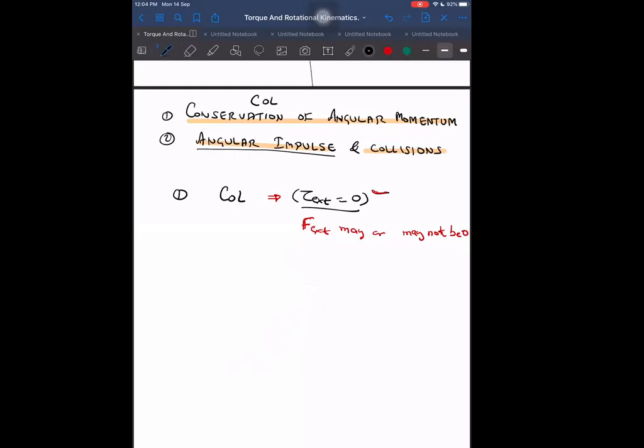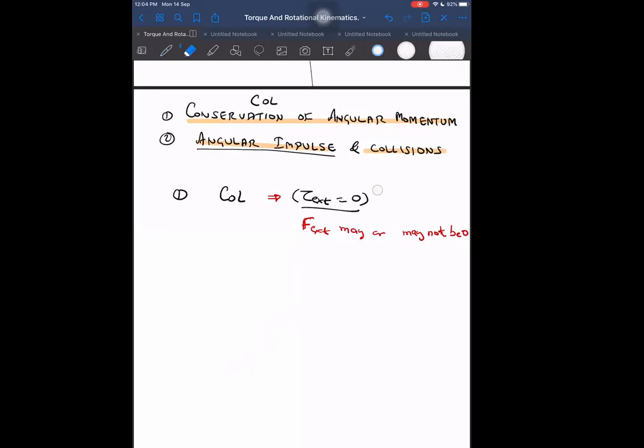And the way we say that linear momentum sometimes is not conserved, but Px may be conserved, Px may be constant if Fx is 0, in the same way here also angular momentum may be conserved only in one particular direction.